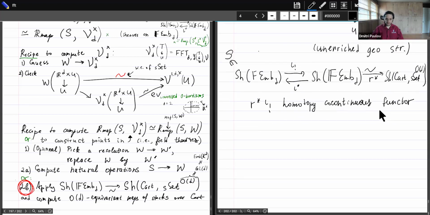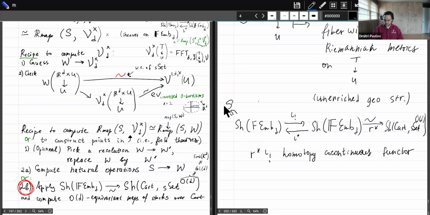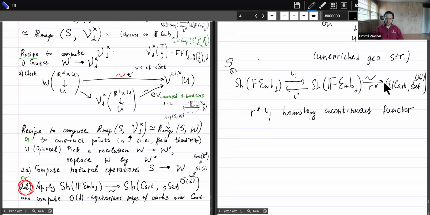And because of this property, I will be able to compute the image of S in this category here. The very first step in the construction will be the Yoneda lemma.